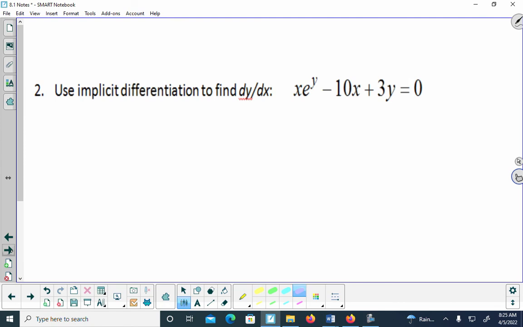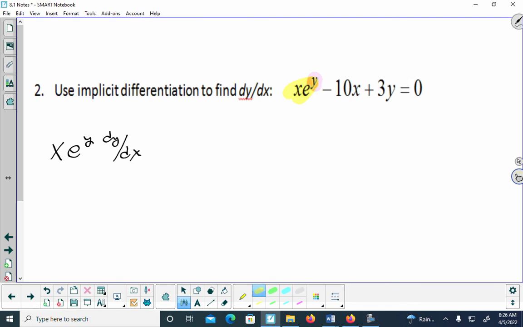So to take the derivative of this, I'm going to have to use the product rule. So to use the product rule, I'm going to leave the x alone, take the derivative of e to the y, which will be e to the y, and now I have to take the derivative of this y, which will be 1 dy/dx.